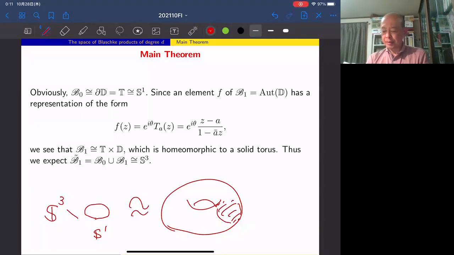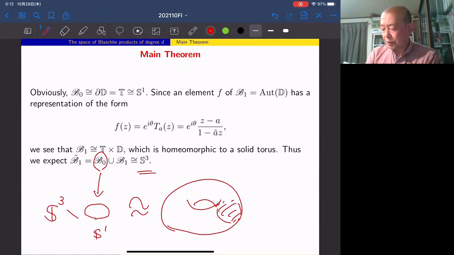Yeah, I think this is fairly easy to see this topological equivalence. Therefore, if we add B naught here, then we expect that this B1 tilde is homeomorphic to the 3 sphere. So we expect this very simple topological observation.